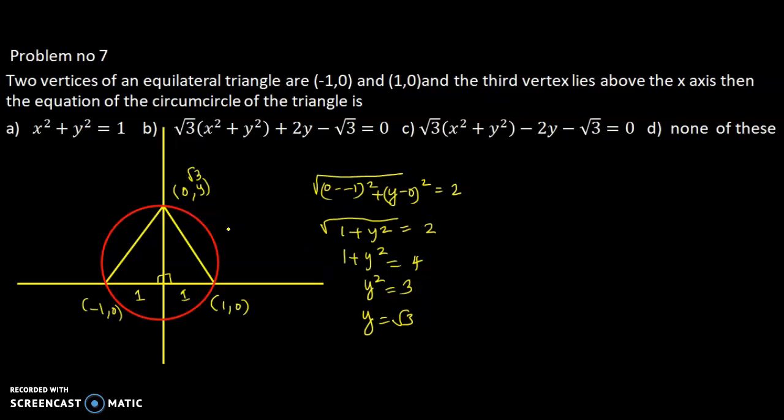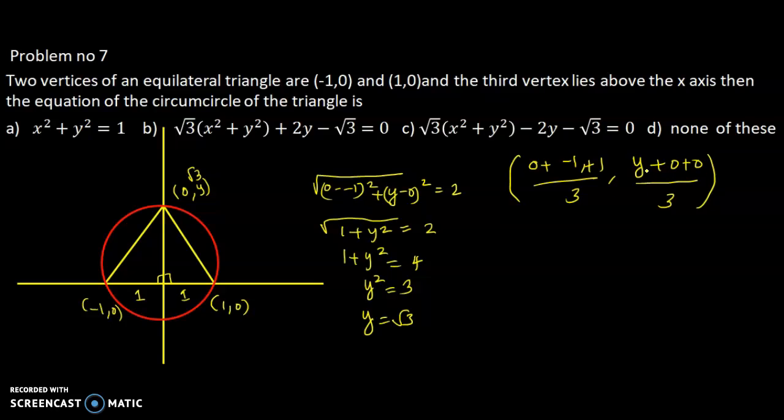Now to find the center of the circle: for an equilateral triangle, the orthocenter, circumcenter and centroid all will be the same. So to find the circumcenter, it is enough to calculate the centroid. The centroid is given by the average of 3 points. So the centroid becomes (0 plus minus 1 plus 1) divided by 3 comma (y plus 0 plus 0) divided by 3.